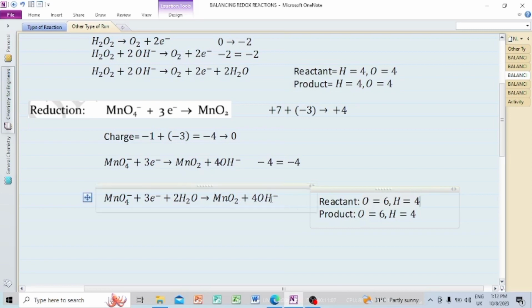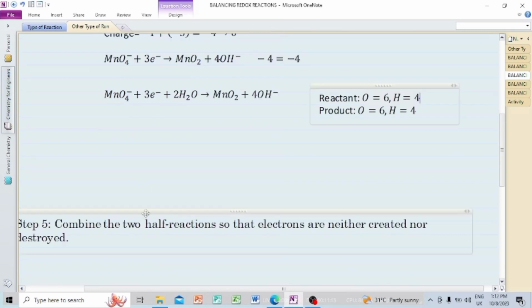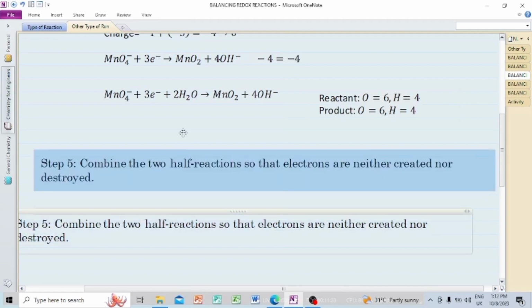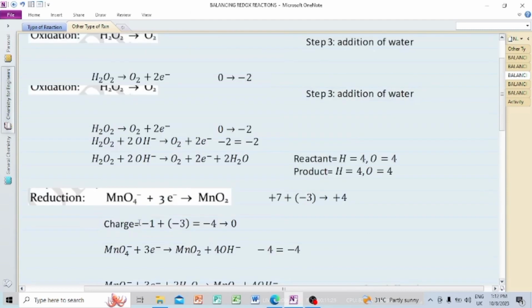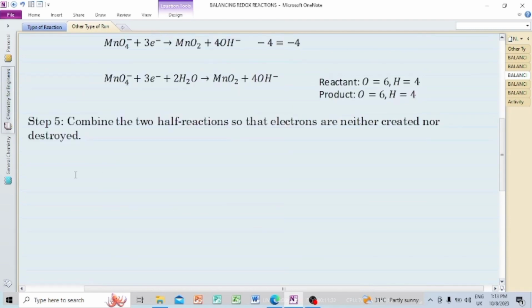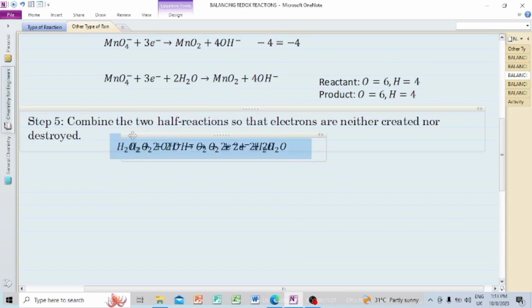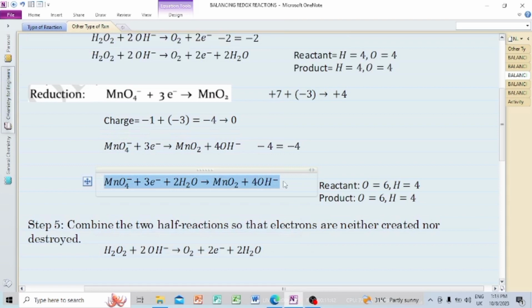For our hydrogen, we have 1 times 4 is 4. So, balance na. So, kapag balance na yung mga half reactions natin, we will recombine it. We will recombine the half reactions. So, i-copy muna natin tong balance na oxidation reaction natin. And our balance reduction reaction.